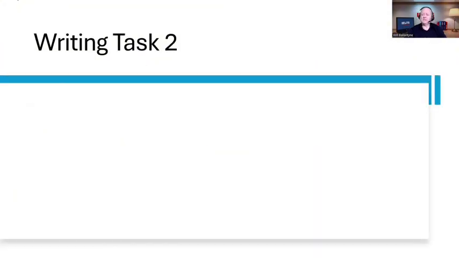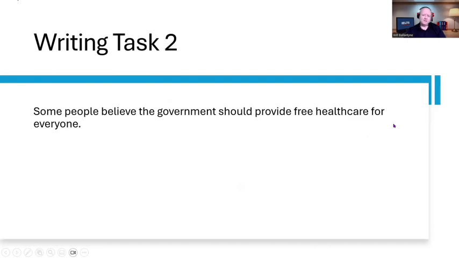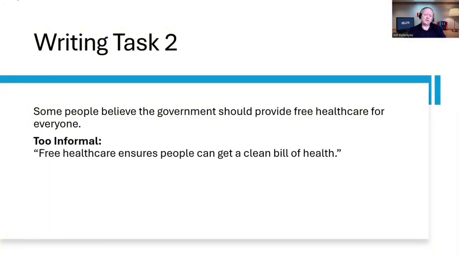However, if we look at writing task 2, the story may be a little different. So here's a writing task 2 question. Some people believe the government should provide free health care for everyone. If you say this, free health care ensures people can get a clean bill of health. Well, that's the idiom. A good one for speaking, but this is too informal for writing.